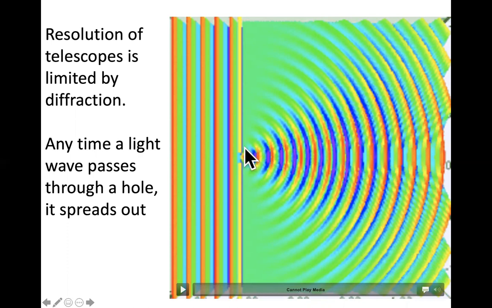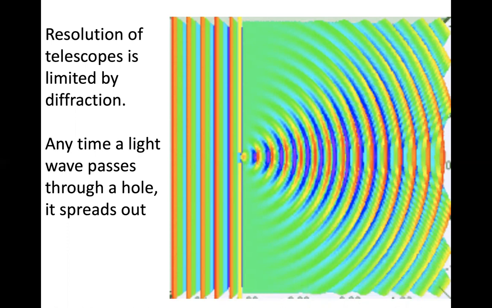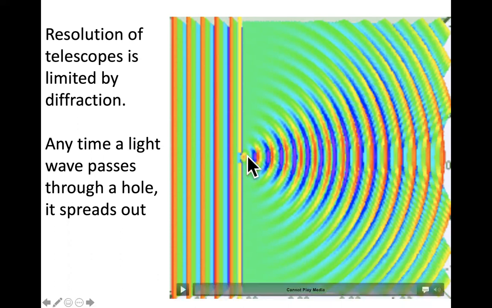But what happens is that light doesn't just come straight through the hole, it starts to spread. This is a process known as diffraction, and it occurs because these light waves do not like to have sharp edges. So when there is a hole they have to pass through, they naturally spread.